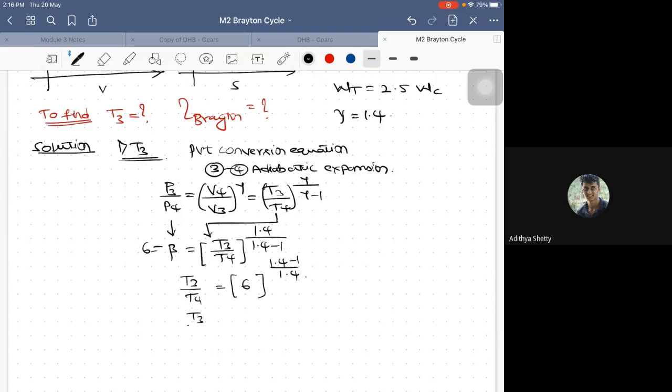From this, T3 by T4 is equal to how much? 1.66. That's it. What is the next digit? 85. Excuse me, sir, how do we take the reciprocal of that power, like 1.4 minus 1? I didn't get that one.